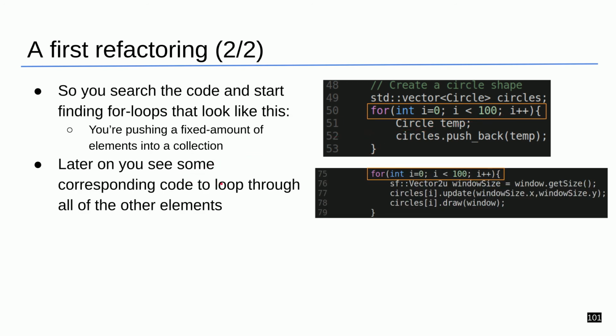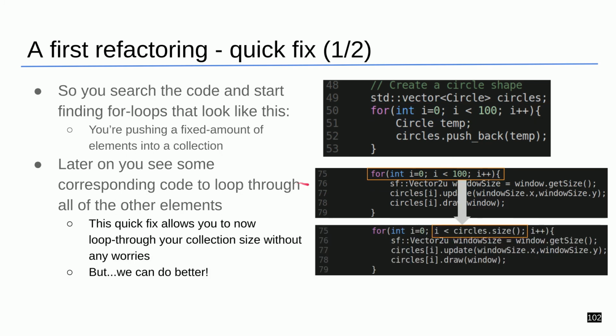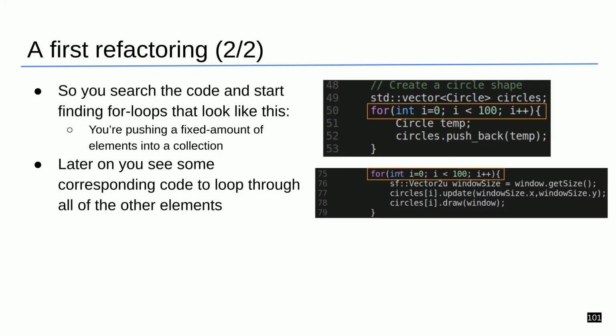Then you see later on in your code something corresponding to loop through 100 elements and get the window size here. Update your circles appropriately based off the window X and Y size. This is setting the bounds. And then to draw the circles 100 times because you have 100 circles. The quick fix, you say, is, well, that didn't look quite right here.